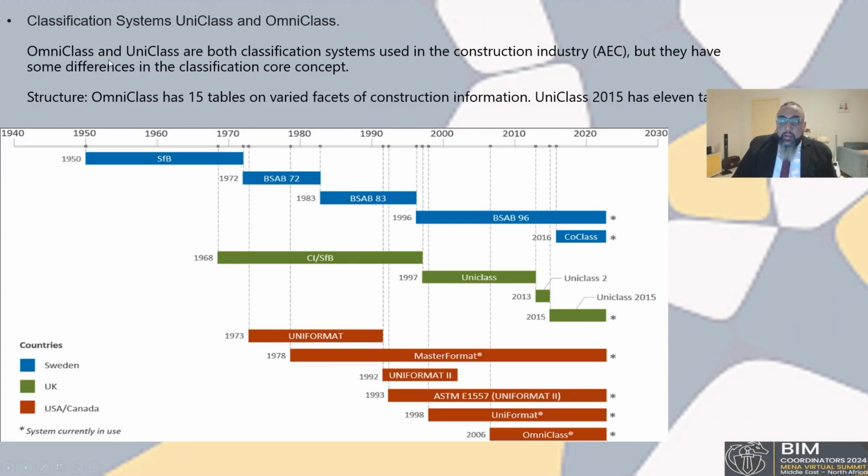We'll continue regarding the classification systems, Uniclass and Omniclass. Uniclass primarily started in the UK, and Omniclass's kickoff was in the United States. Both of them are now used for projects all over the world, but this is where they started. So you can see each is more famous and more used in its particular place.